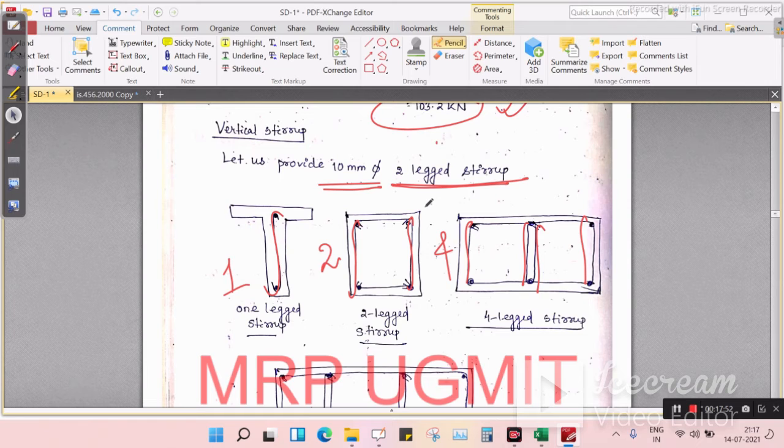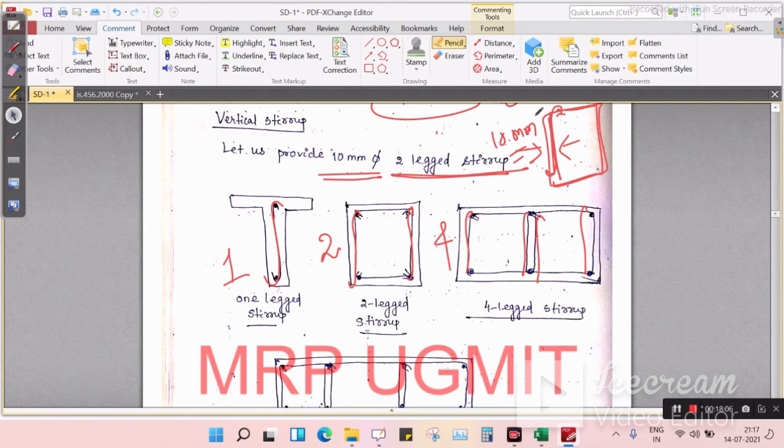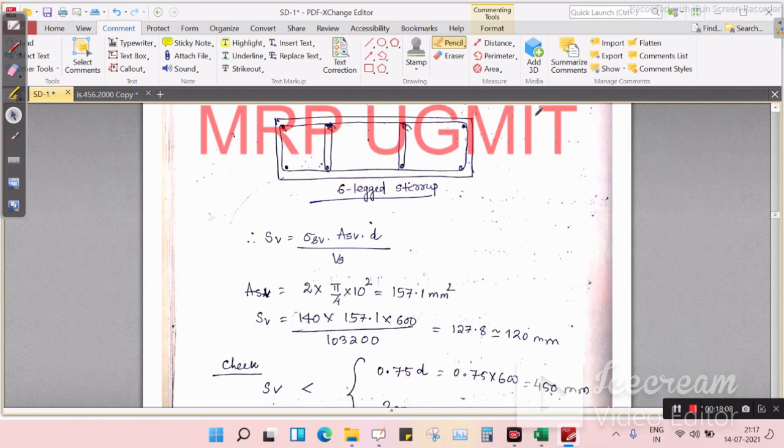Suppose the diameter of the stirrup is 10 mm. Okay, so the area of the stirrup is ASV.